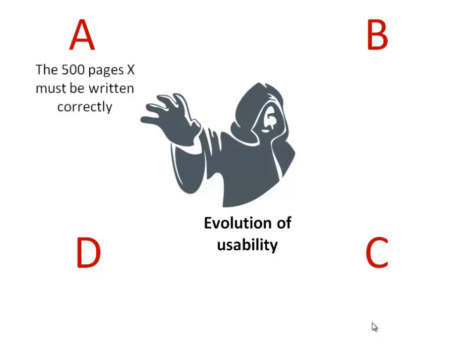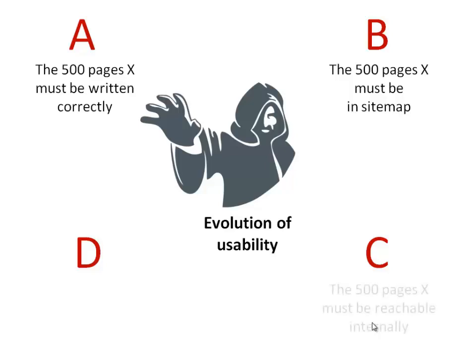Our 500 pages must be present in the sitemap of the site. Our 500 keywords must all be reachable also internally, and therefore be present in the navigation menu. Obviously, managing them in the main menu will not be possible, but as you all know, sites can have more than one navigation menu.